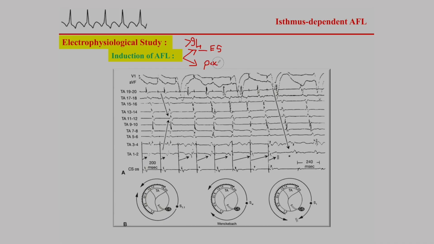So as you see in this panel, we have rapid atrial pacing. Initially, we see in the halo catheter a simultaneous activation of the proximal part and the distal part, that is in the septum, as you see the location here of the halo catheter.